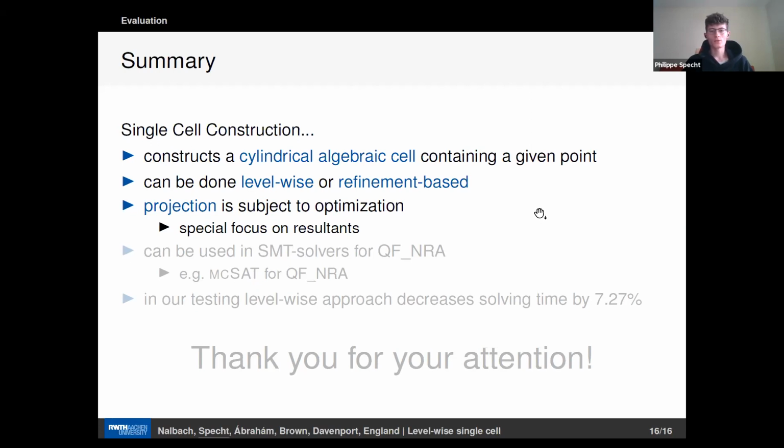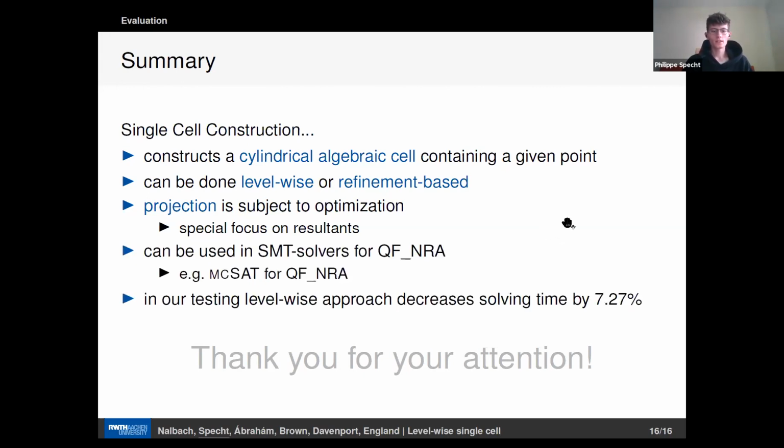And the level-wise approach just suggests to optimize the resultant specifically because of this value of information that we have by doing it in a level-wise manner. And lastly, we saw that we can employ single cell construction in an SMT solver using, for example, the MCSA framework. And in our testing of these solvers against each other, we saw a decrease in solving time by roughly 7%.